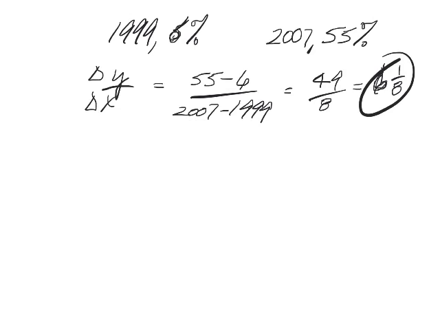So that tells us that over that 8-year period, we're going to change about 6 1/8% per year. Okay, example 5 does basically the same thing.